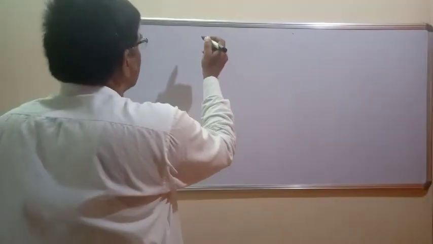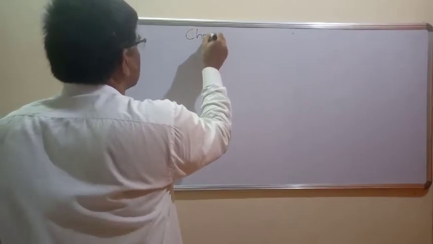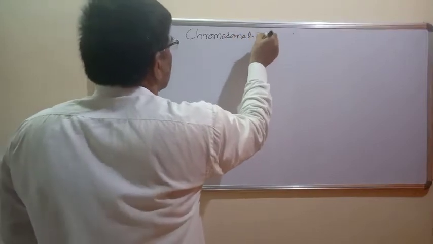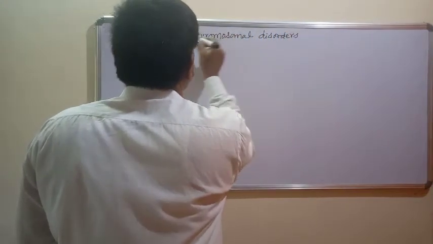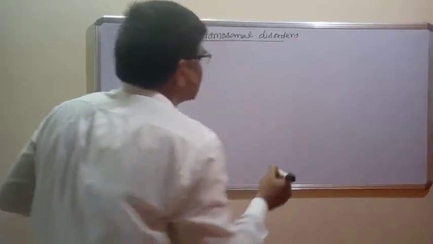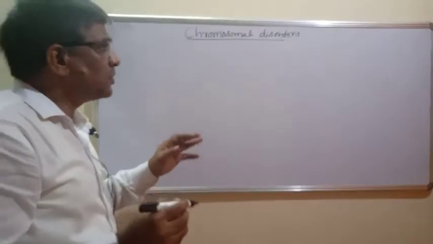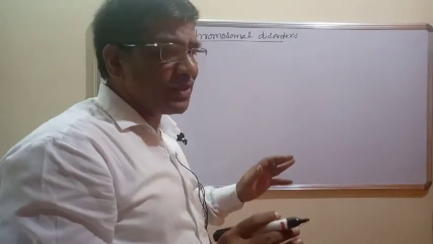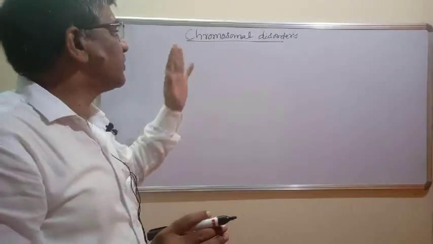Students, let us move to another set of genetic disorders. They are called chromosomal disorders, which we have already discussed. What are these chromosomal disorders? A particular individual will have a definite number of chromosomes, a particular set of chromosomes.